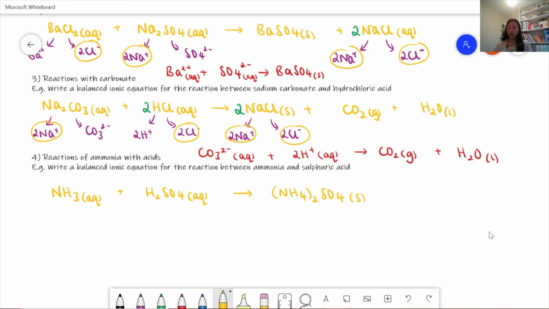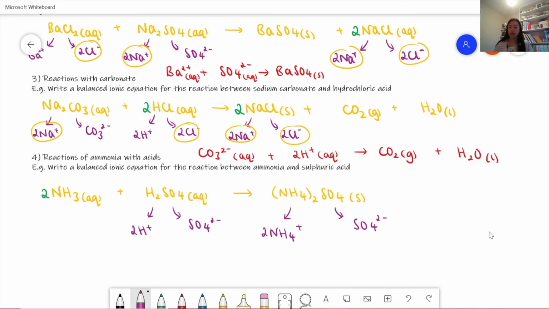And so again, we balance the equation. And so we have 2 nitrogens on the right, and so we have to have 2 on the left. So now we look at the ions again. So we're using ammonia, and so this is actually just going to be ammonia. We don't have any ions here. And then for sulfuric acid, we have 2 H pluses, and then an SO4 2-. And then here we have 2 NH4 pluses, and also a sulfate.